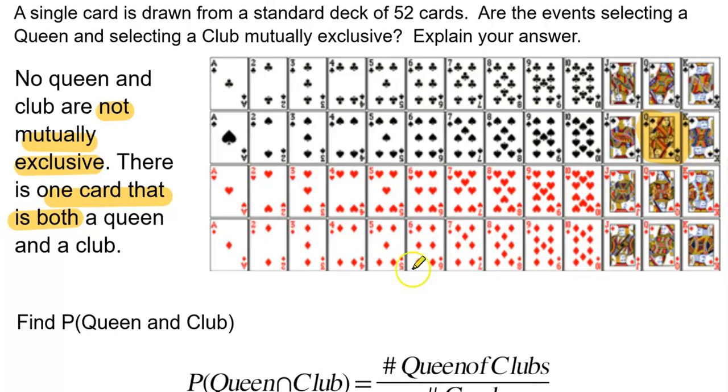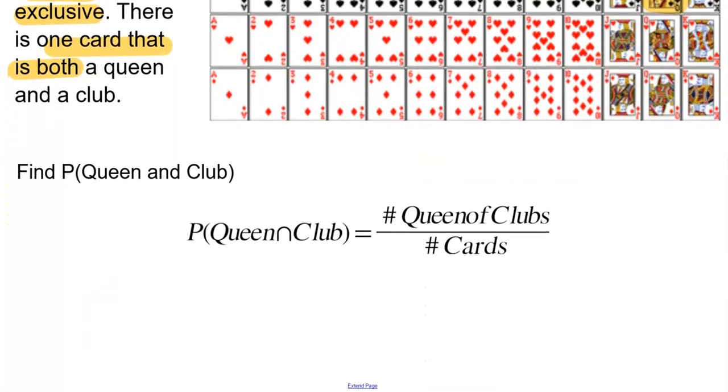So let's find the probability of this happening. So to find the probability that a card is a queen and a club, we're going to do the number of queen of clubs over the number of cards. By the way, this ∩ right there, I almost said upside down U. That ∩ means intersection. That is an and. So this is saying the probability of queen and club. You can write down the word and.